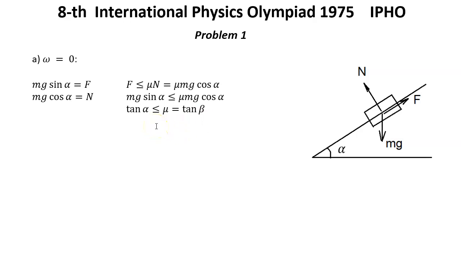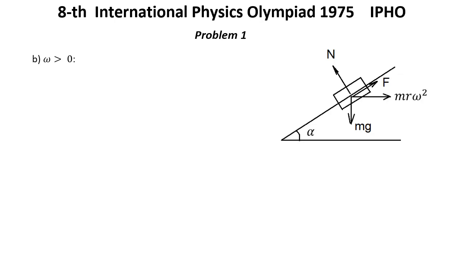So for that case, this body is not moving. If tangent alpha is greater than mu equal tangent beta, our body will move down, and this is the solution for question A.